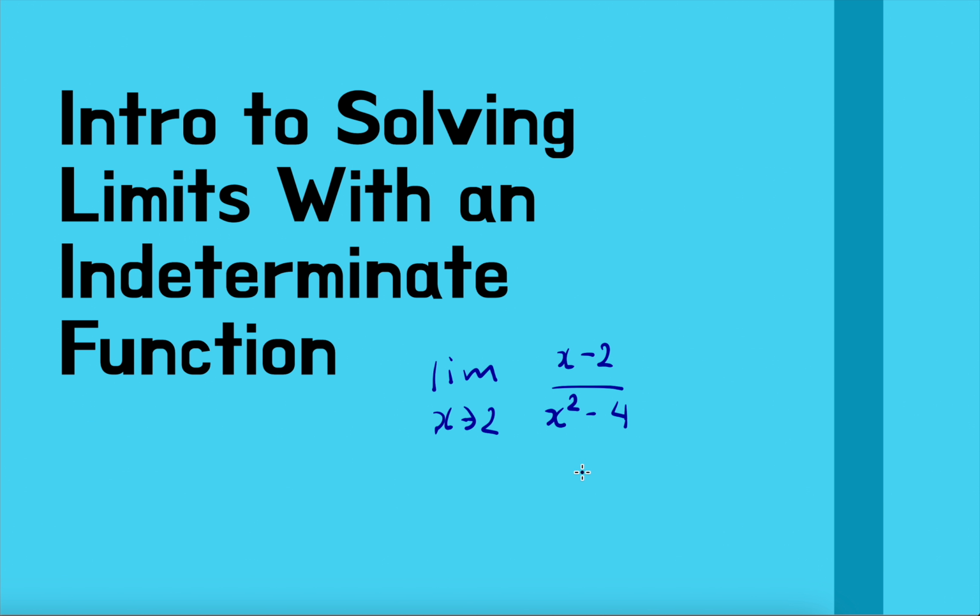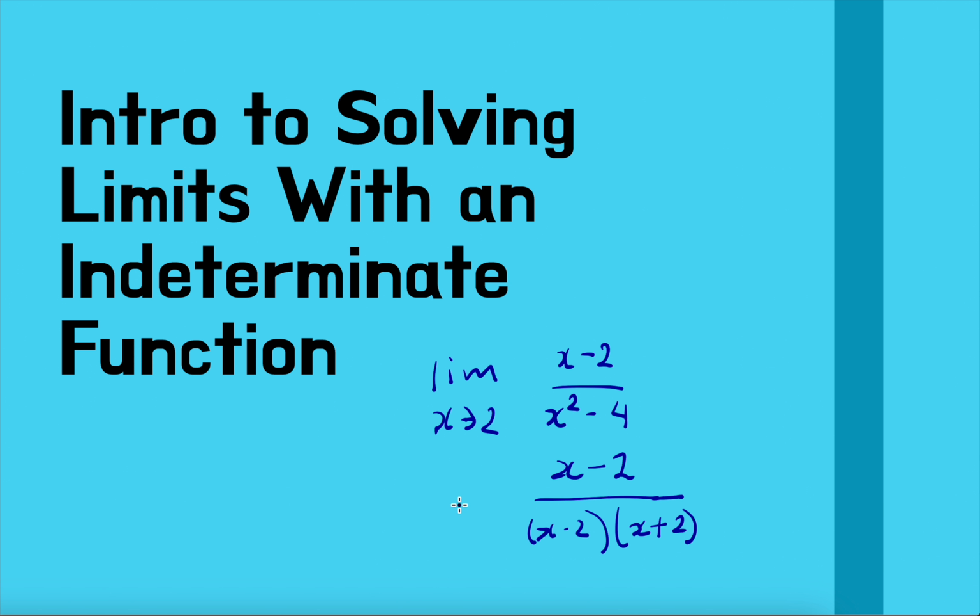So in this case, we can manipulate it algebraically to get the value. And if you know the identity a squared minus b squared equals a minus b times a plus b, you can apply that to this function. So if we apply that, we get x minus 2 over x minus 2 times x plus 2, because x squared minus 4 is equal to x minus 2 times x plus 2.